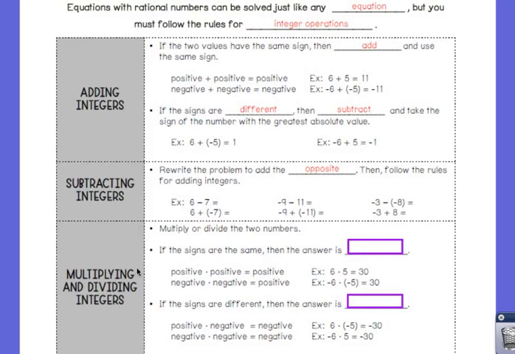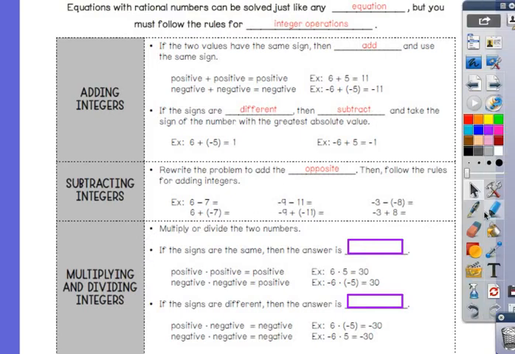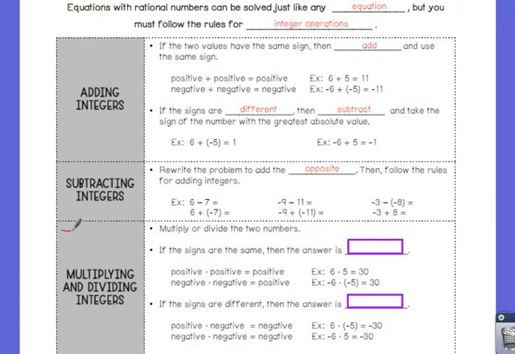Now, moving to multiplying and dividing. Let me refresh. A few months ago, remember I did a negative times a negative. What did that turn out equaling? A positive. Does anyone remember the trick I said?